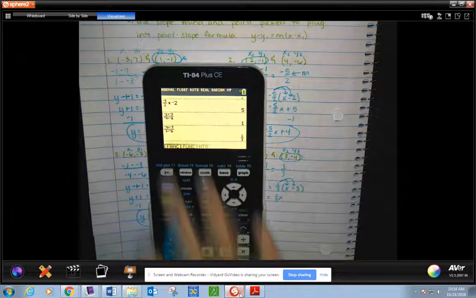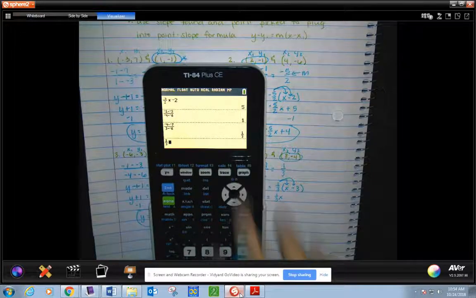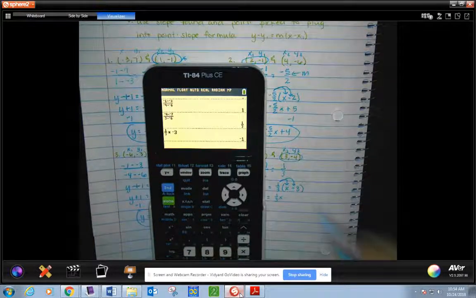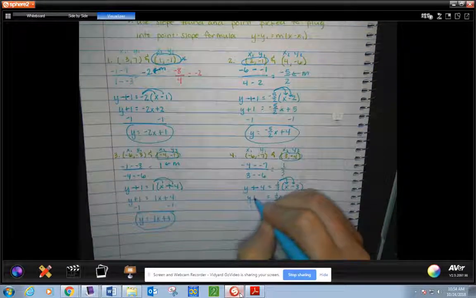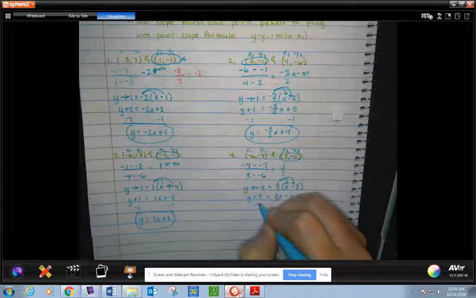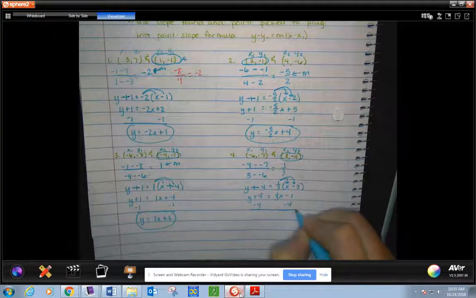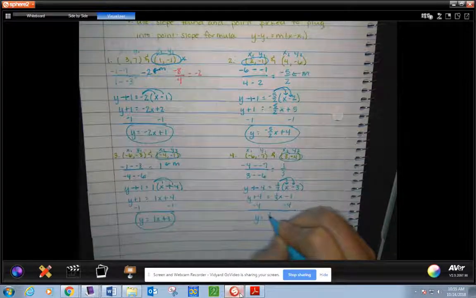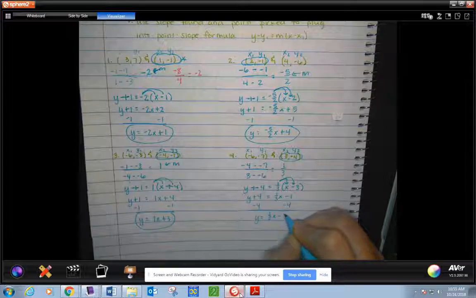So if you need to do this in your calculator, open up a fraction and do 1/3 times negative 3, and that gives you negative 1. Bring down y plus 4, and you must subtract your 4 to get it to the other side. So you get y equals 1/3 x minus 5.